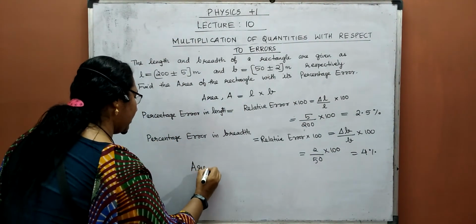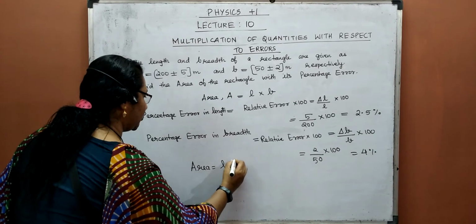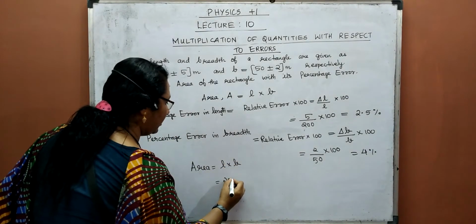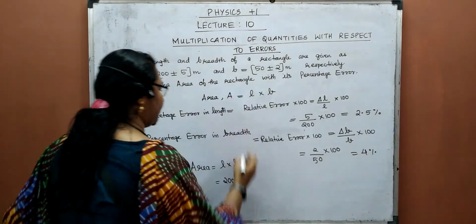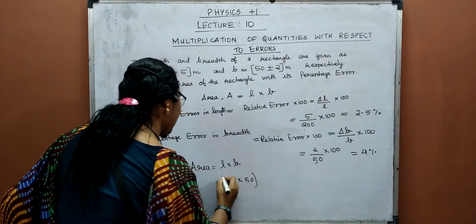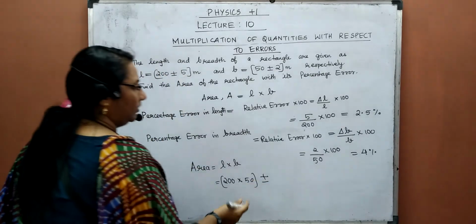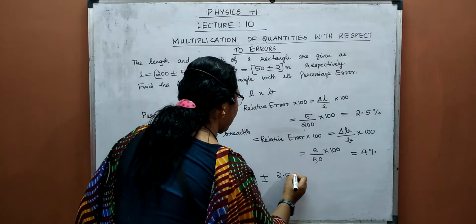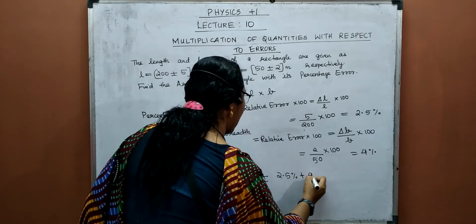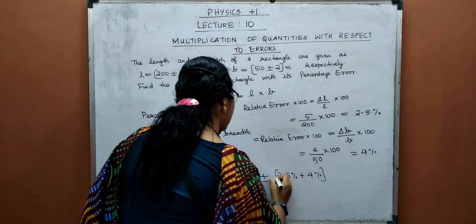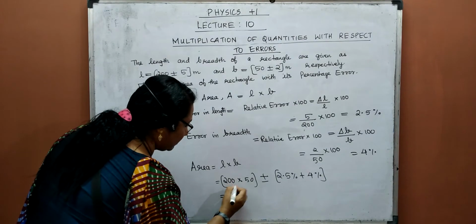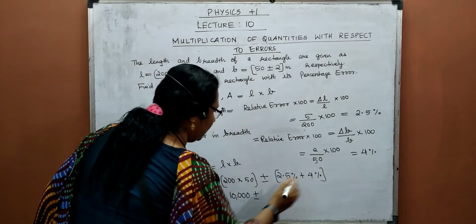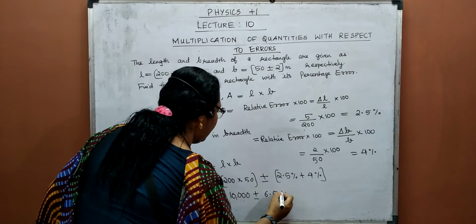Now area is equal to length into breadth, which is equal to length value 200 into breadth 50. With its error, the percentage or the relative errors have to be added together. 200 into 50 is 10,000, plus or minus 6.5 percentage.